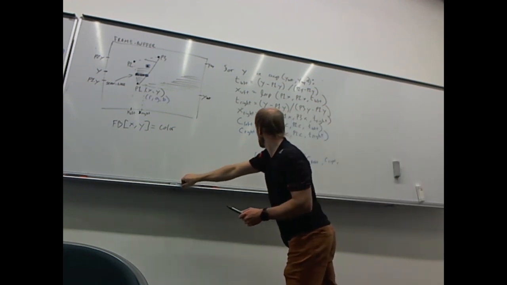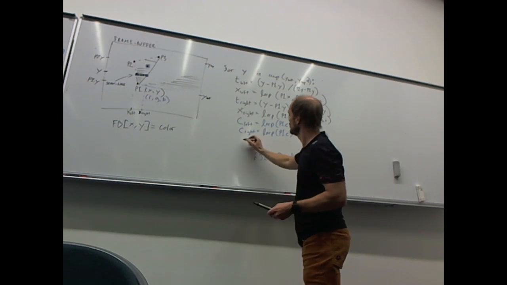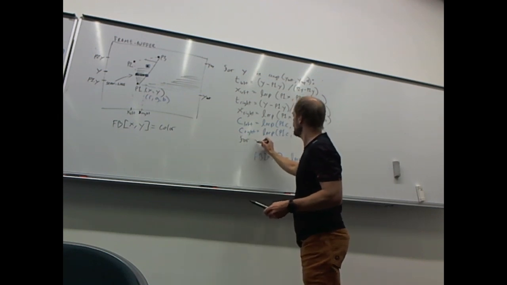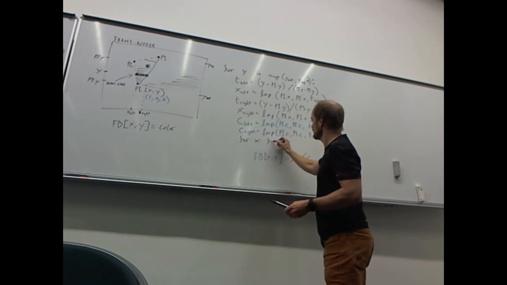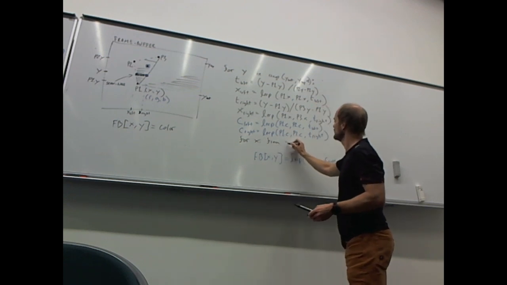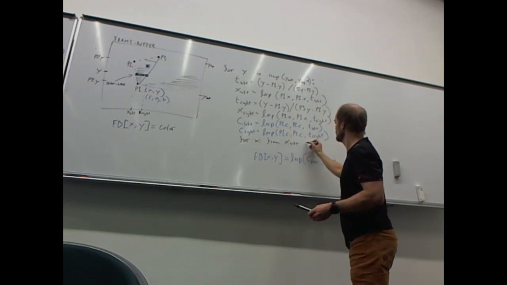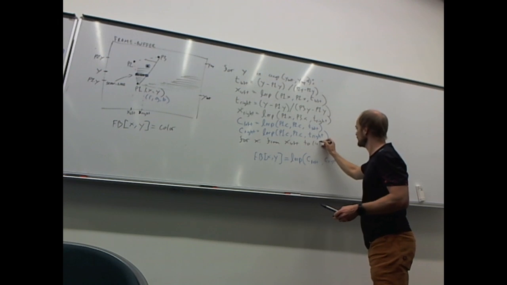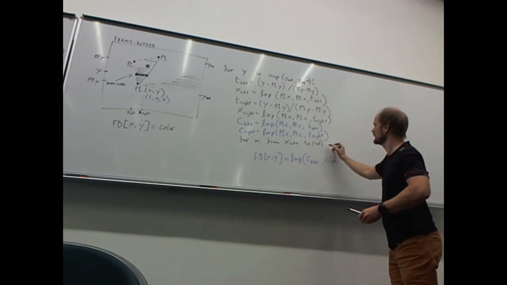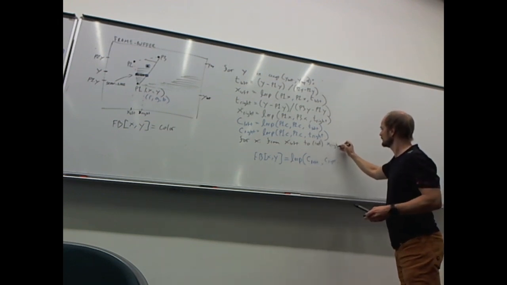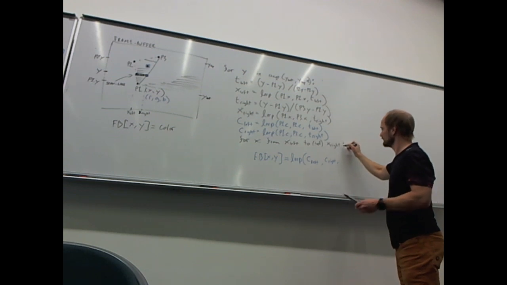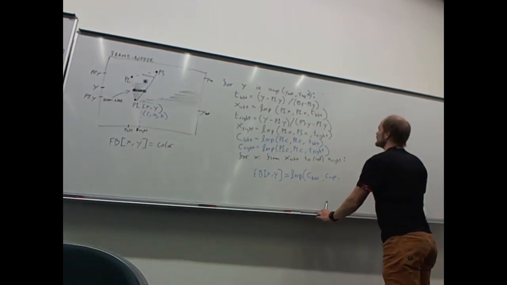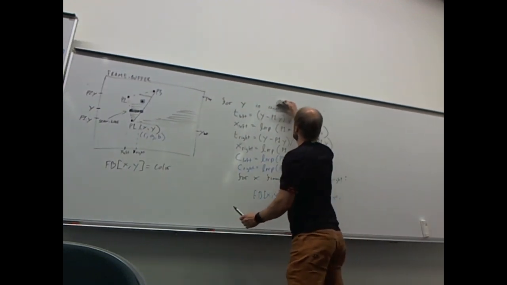Now I'm going to do my x for loop here. For x from x left to including x right, do this. Change this up here as well.